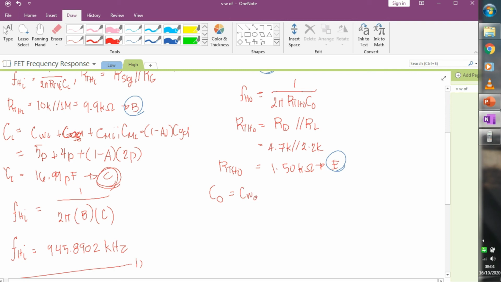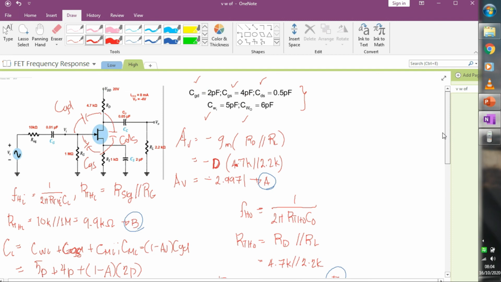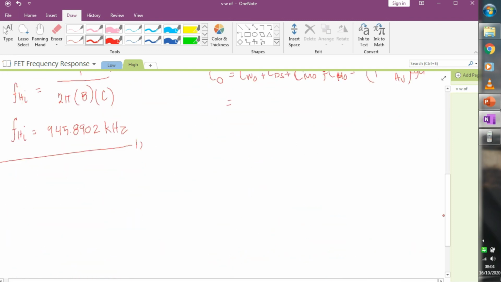So, si output wiring capacitance plus CDS plus your CMO. Or simply, CMO is equal to 1 minus 1 over AV times CGD. So, your CWO is equal to 6 picofarad, while your CDS is equal to 0.5 picofarad.